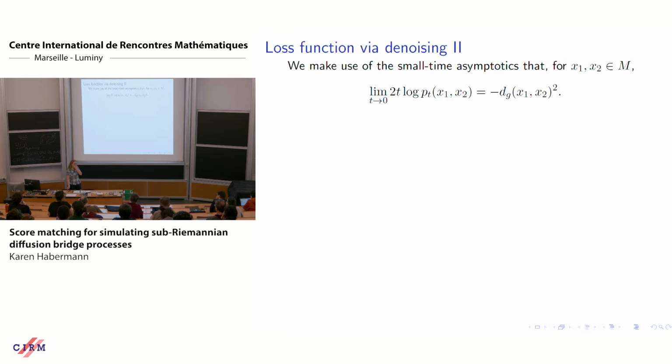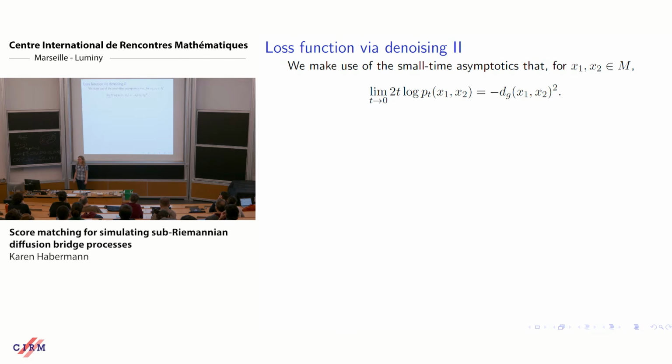And then the slightly more optimal way is, well, even though we're on a sub-Riemannian manifold, we do by now have a fairly good idea of what small-time heat kernel asymptotics look like. So these Varadhan-like asymptotics, where we know that, suitably rescaled, the log of the heat kernel will converge to minus the Carnot-Carathéodory distance squared between the two points where we compute our heat kernel.